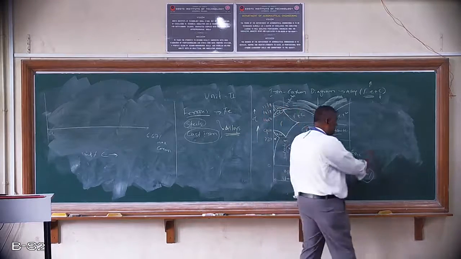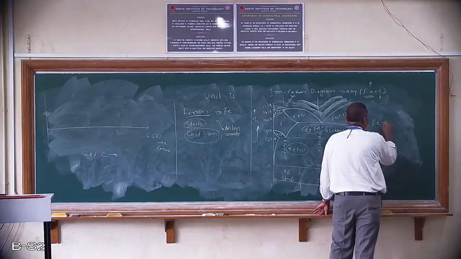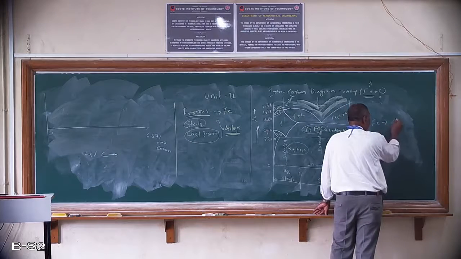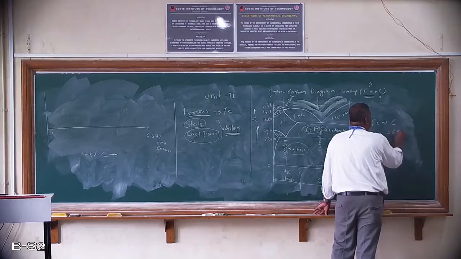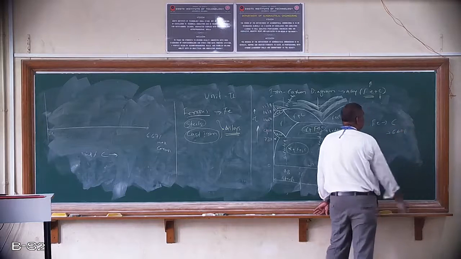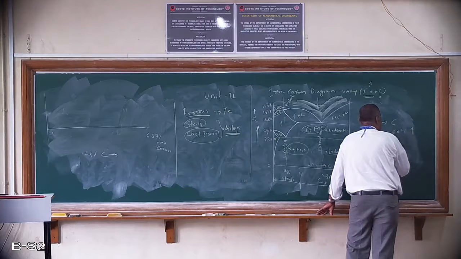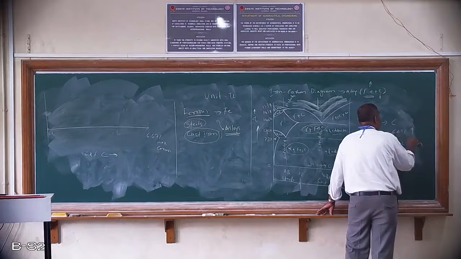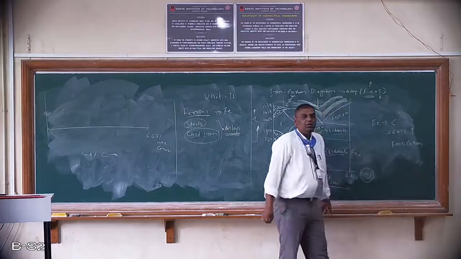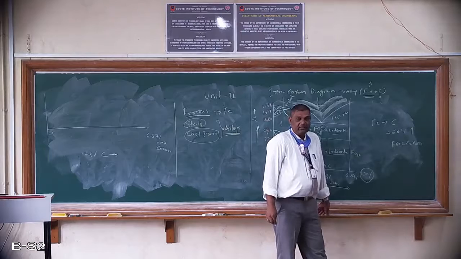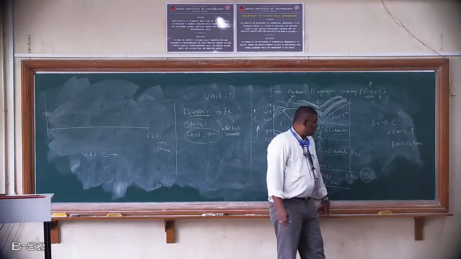Okay, so the maximum solubility of carbon in iron is 6.67%. If you add beyond this, what will happen? This will remain as free carbon. So further dissolution of carbon in iron is not contributing anything to the properties of the iron.